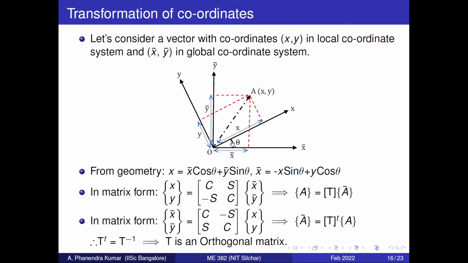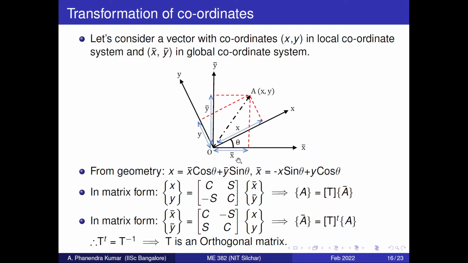Y cos of 90 plus theta will give minus y sin theta. So x bar will be equal to x cos theta minus y sin theta.